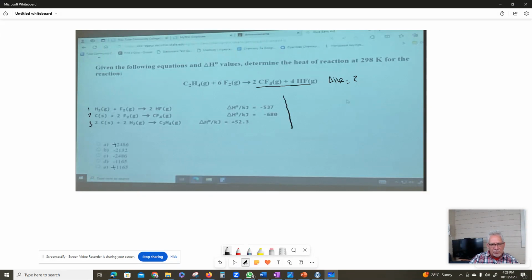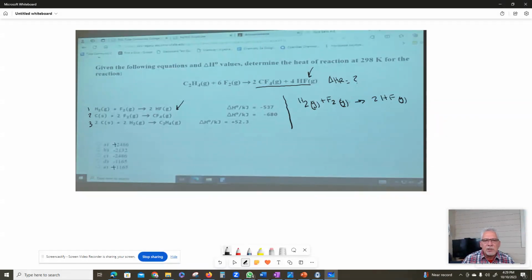If I look at the first one, this one is producing hydrogen fluoride. So I'm going to pick that one first, and I will keep the reaction as it is, because what I want on the product side is the same hydrogen fluoride that I have in the overall reaction. That's why I don't flip the reaction.